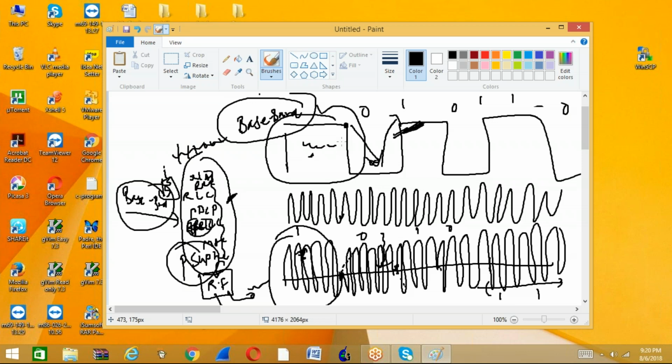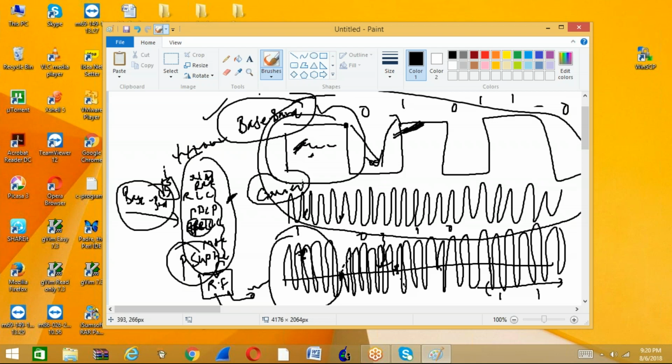If I try to transmit the signal at my processor speed into the air, the signal will be lost. So you have to mix it with the high frequency RF carrier. This mixing is called modulation. This signal is called the baseband, and this is called the carrier.